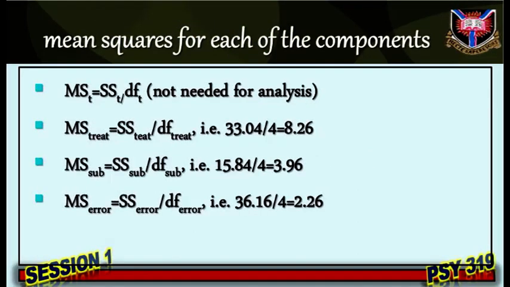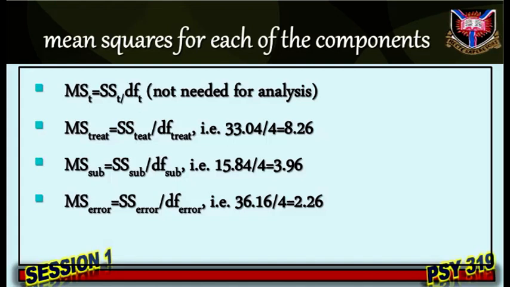Compute the mean squares for each of the components. MST is equal to SST divided by DFT, not needed for analysis. MS treat is equal to SS treat divided by DF treat, that is 33.04 over 4, equal to 8.26. MS subject is equal to SS subject over DF subject, that is 15.84 over 4, equal to 3.96.